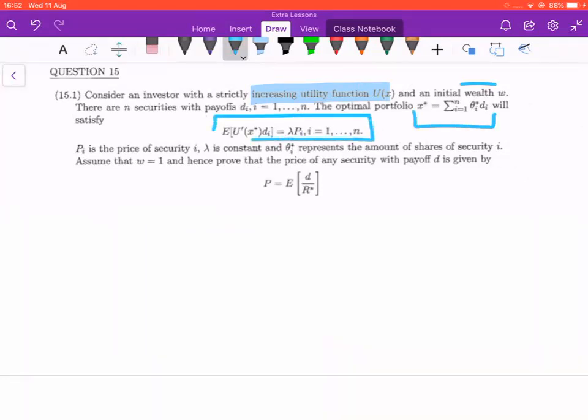P_i is the price of security i, lambda is just a constant, and theta_i represents the amount of shares of security i. Given that the wealth is equal to 1, hence prove that the price of any security with payoff D will be written that way.